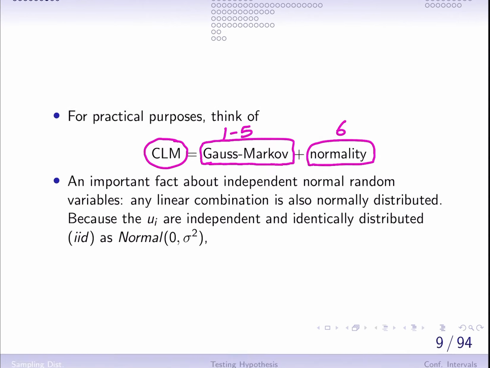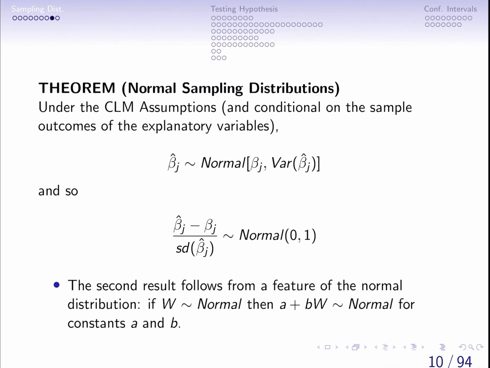Okay, so now we can talk about the sampling distribution. Under the classical linear model assumptions, our estimate beta hat j is normally distributed with mean beta j and variance of beta hat j.